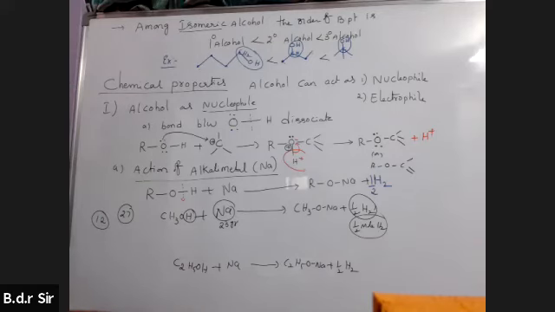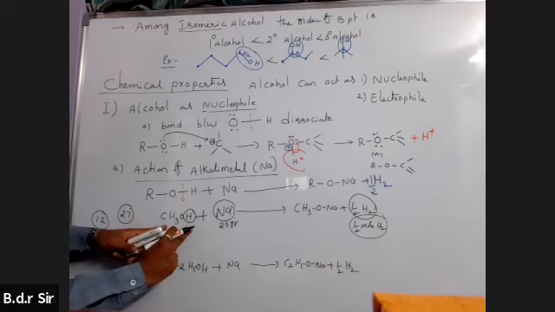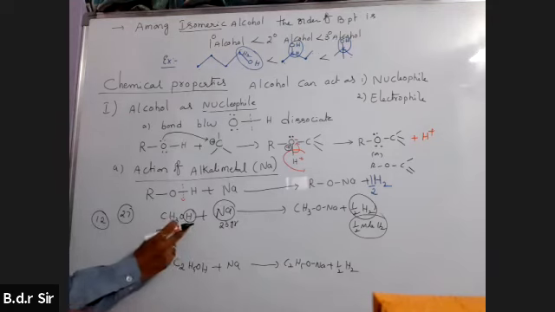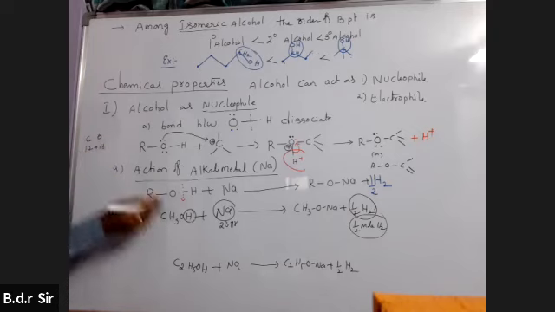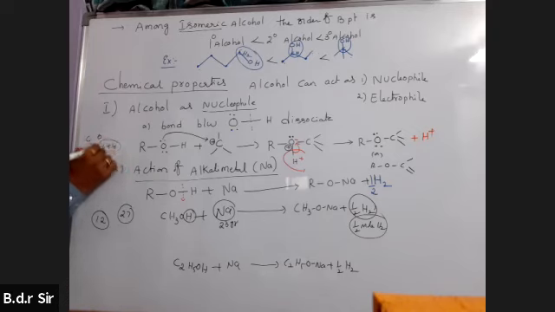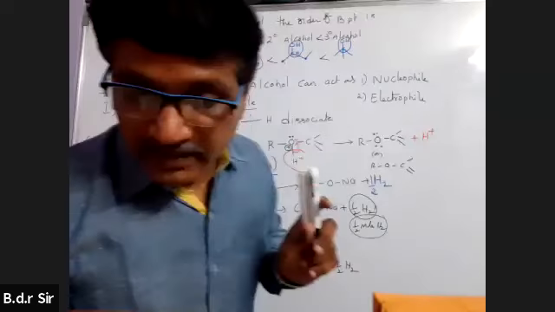I think it is balanced. Okay, here how many moles of methanol? 1 mole. Its molecular weight is 32: carbon 12, oxygen 16, hydrogen 4. So 20 plus 12, 32. In the question, first read the question.